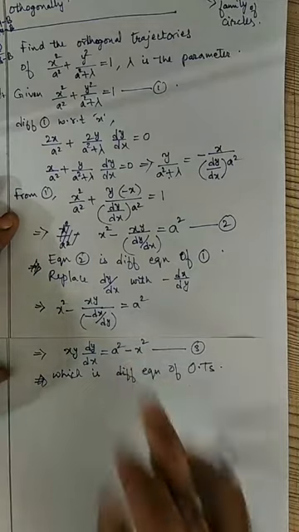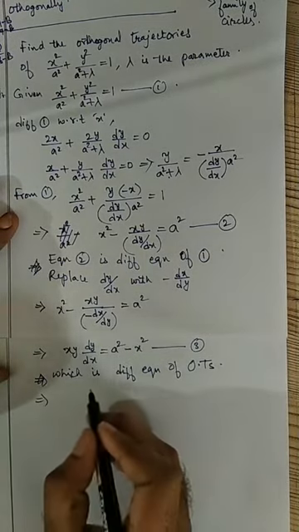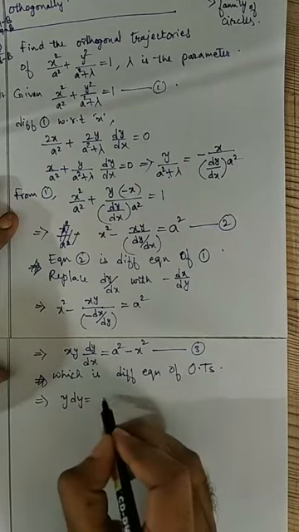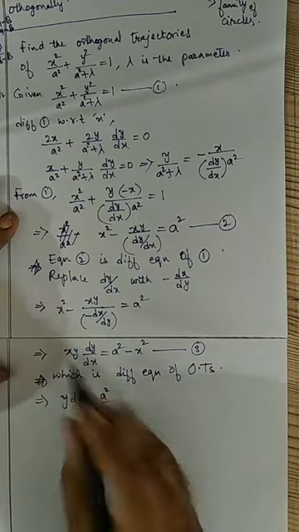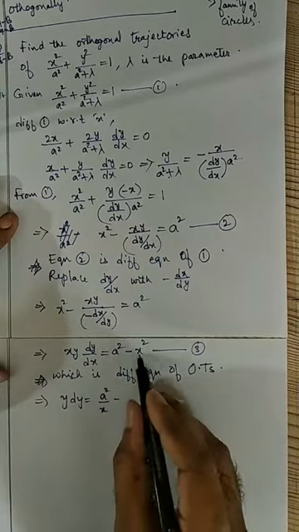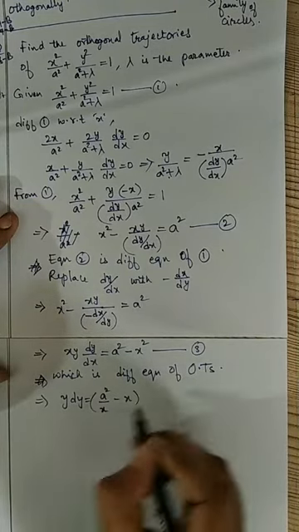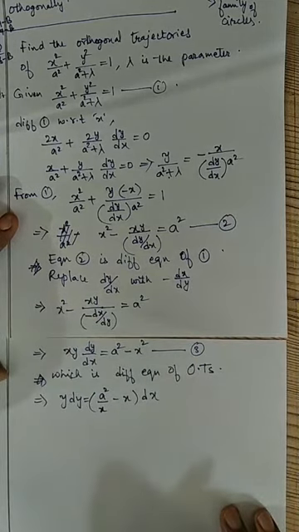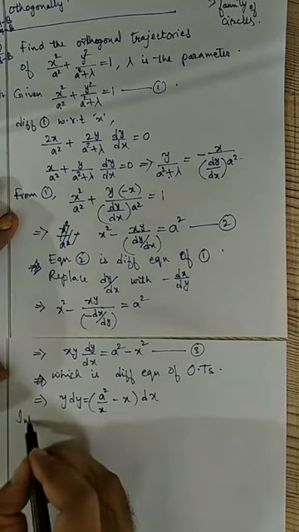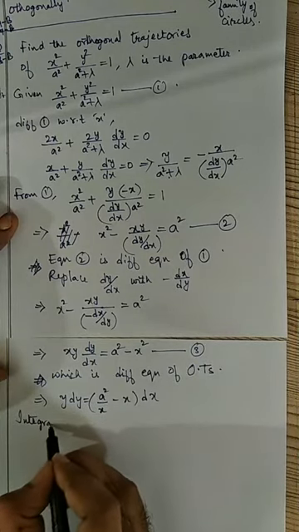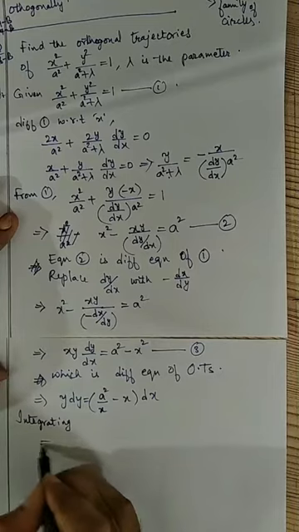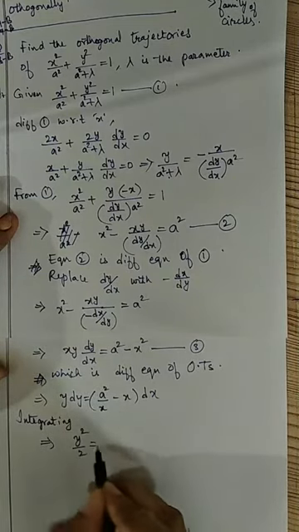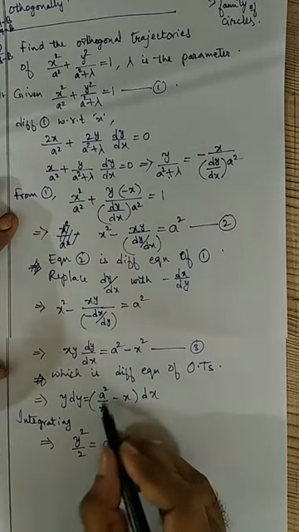Now for solving this differential equation, I can apply the variable separable method. Here what will remain? y dy equals a square by x minus x square by x, meaning x will remain, into dx. This dx I am taking this side. Now integrating, y square by 2 equals a square into integration of 1 by x.